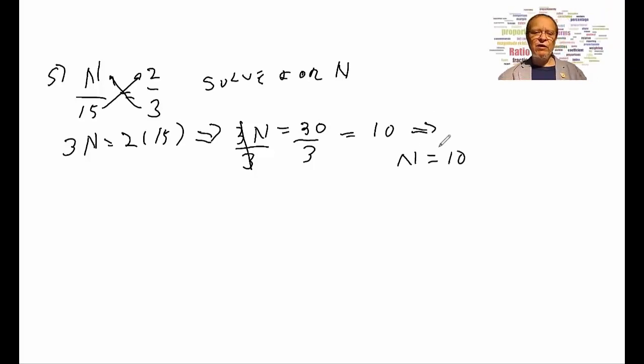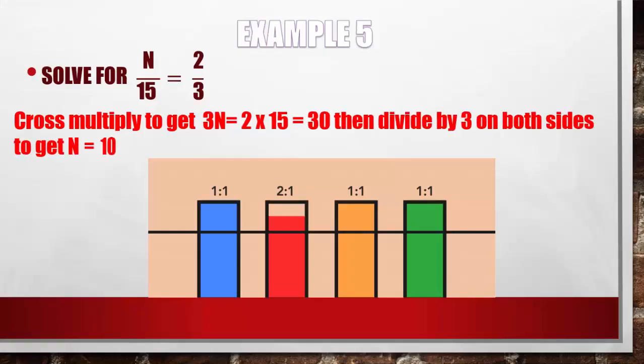So that's how we would solve for n. Just like on the whiteboard, I cross-multiplied and got n is equal to 10. So now I have two equivalent ratios, where 10 over 15 is equal to 2 over 3.